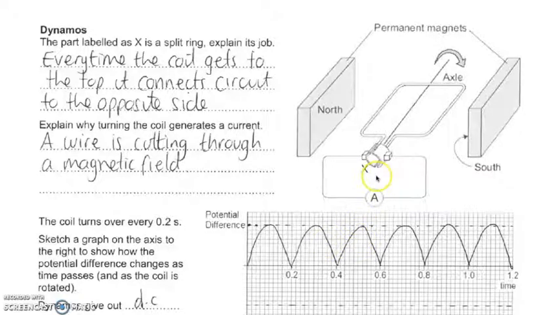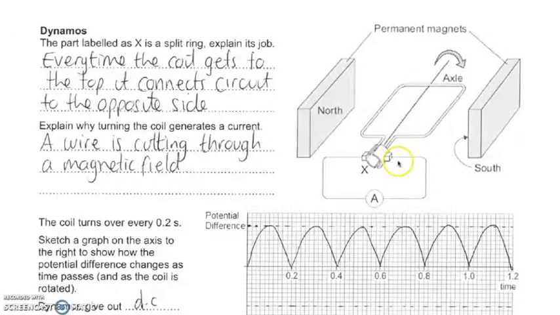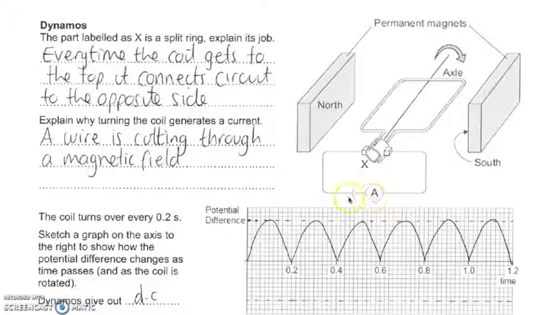Now, what's really interesting is each time this coil rotates, these connectors actually change as well, which means the current will always be moving in one direction. So as this rotates upwards and it goes downwards, the current, due to Fleming's left-hand rule, is always going to be coming outwards in this direction.